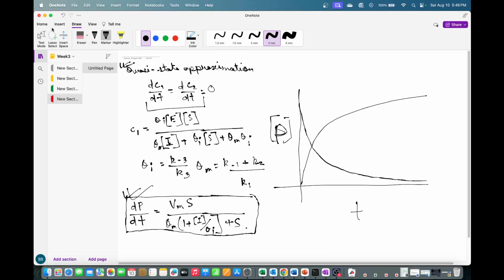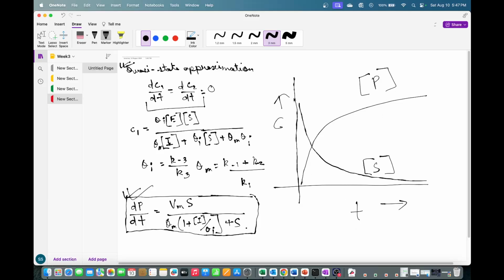Let me just write it here. This is your curve. So this is showing your substrate, and this is showing your product. So this is time and this is concentration, right?